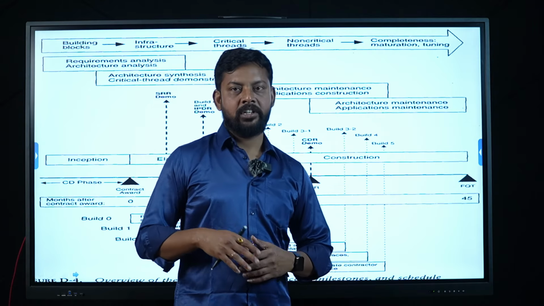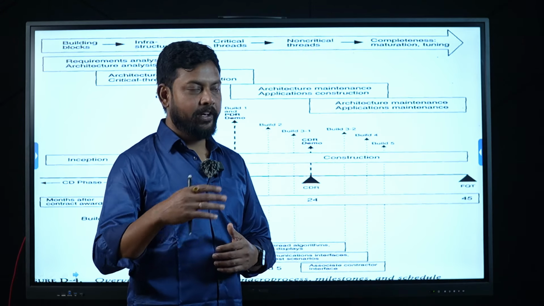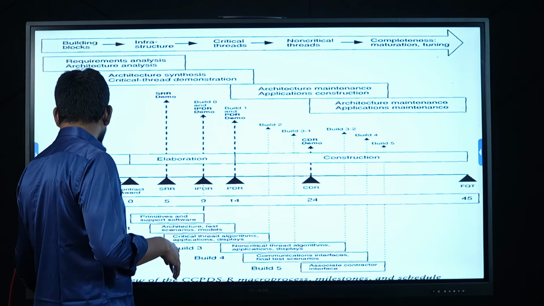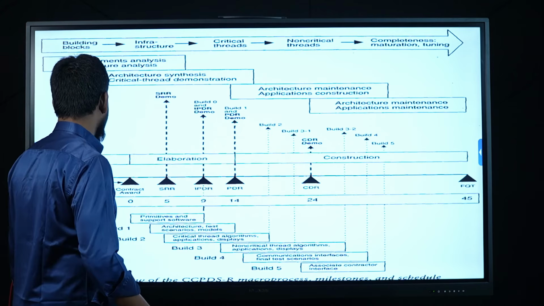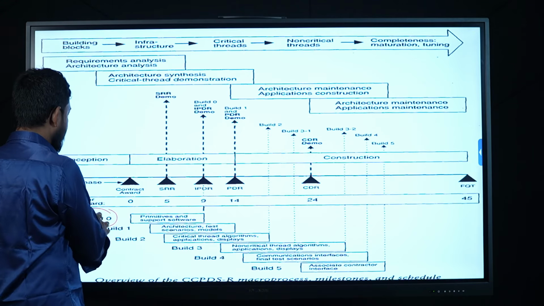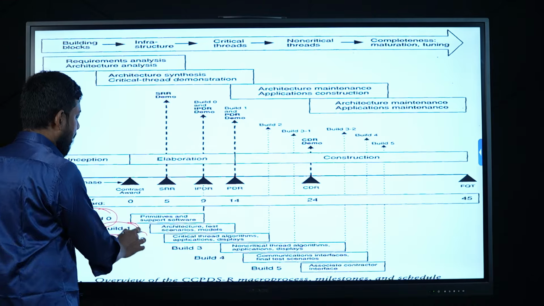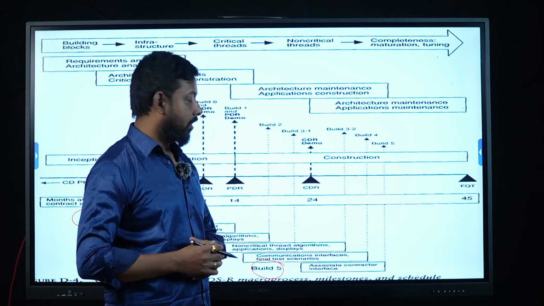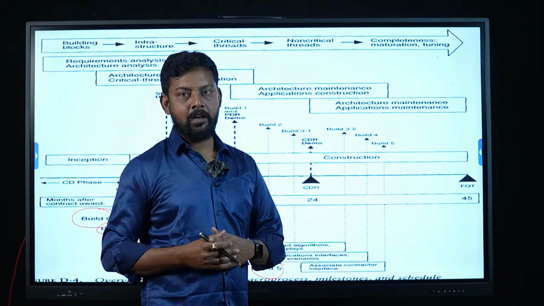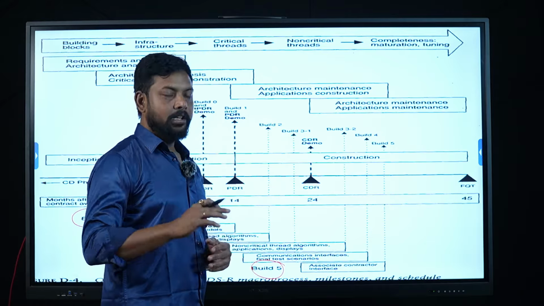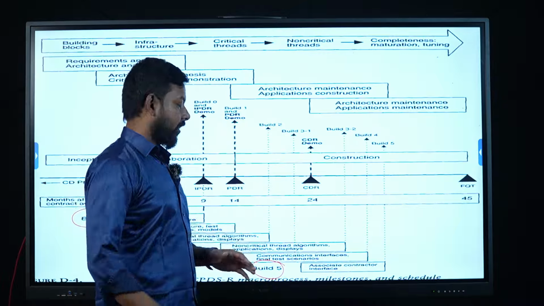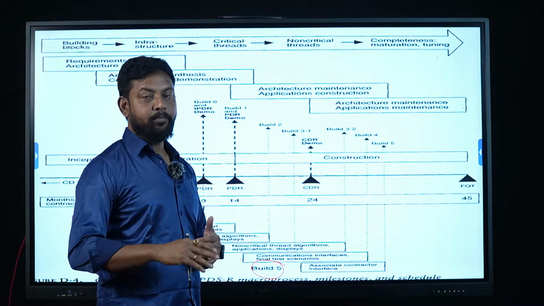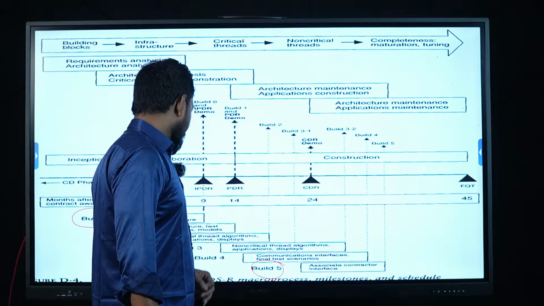So throughout your project development, 6 different builds or 6 different releases were made, and at each and every build, one or the other improvement was made, and finally at the sixth build, a final running model was developed and deployed at the user's end, right?